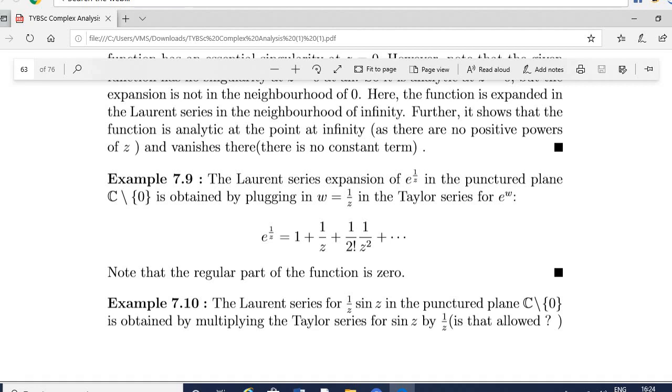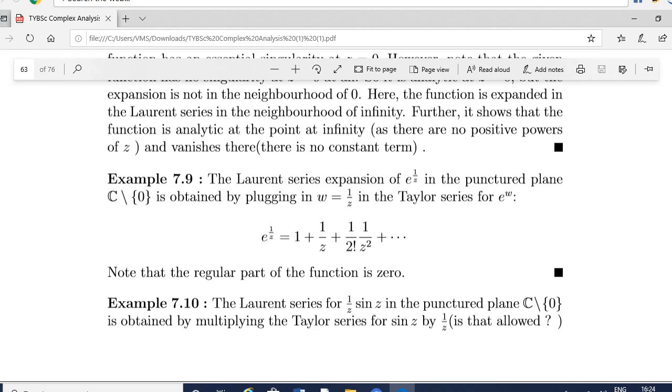Now see, for example, the Laurent series expansion of e raised to 1 over z. You already know the Taylor series expansion of e raised to z: 1 plus z plus z square by 2 factorial and so on. Now you want to find e raised to 1 over z. But e raised to 1 over z is not analytic at 0, so you are finding this in the punctured plane. The punctured plane can be thought of as an annulus.